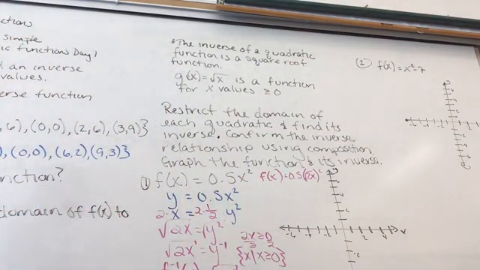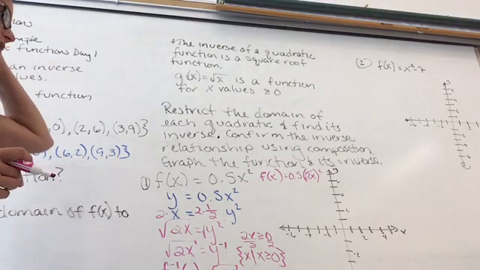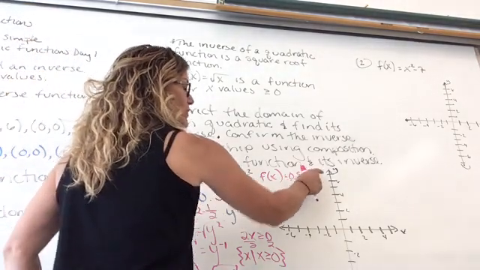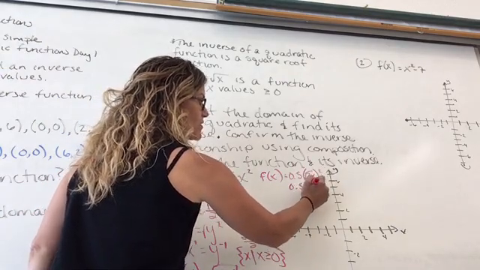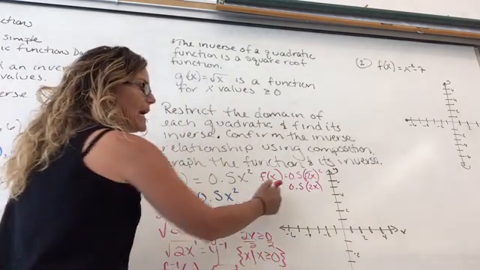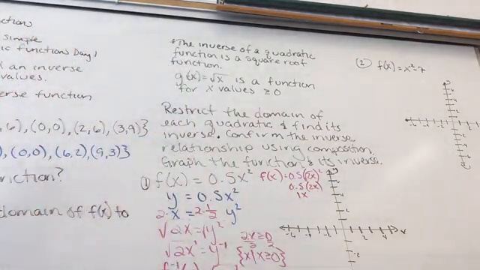Okay, so if I square 2x squared, remember, it's a square root of it, so it's 0.5. The square root and the squaring cancel each other. So half of 2 is just 1, and that becomes 1x, which means they are inverses of each other.